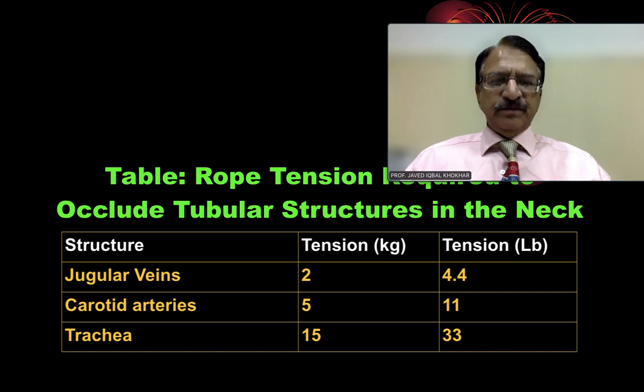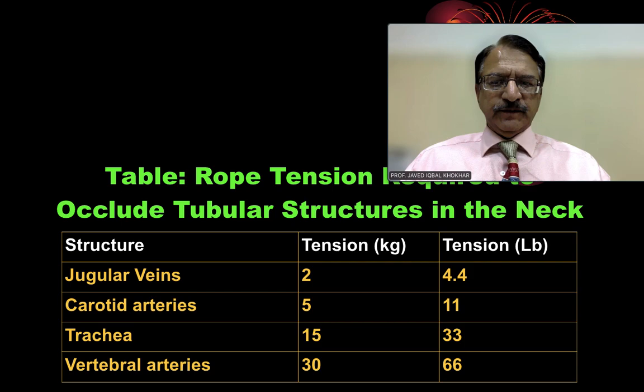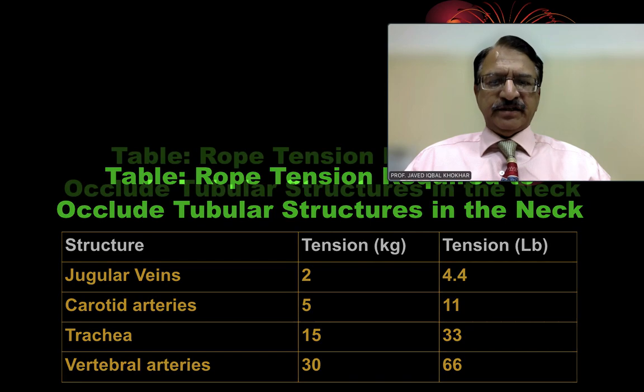Trachea compression needs 15 kg or 33 pounds. And the vertebral arteries approximately 30 kg, between 20 to 40 kg, that is 66 pounds. So this much pressure is required to occlude these structures. When this force is applied up to this level, these structures are compressed.